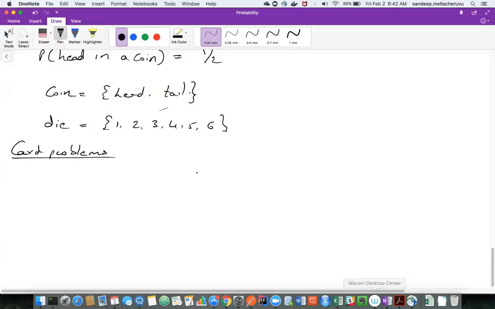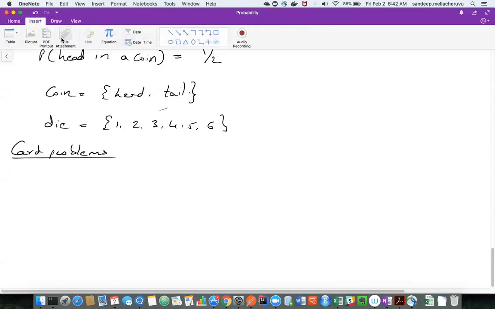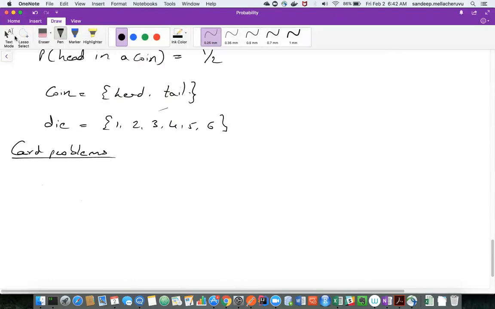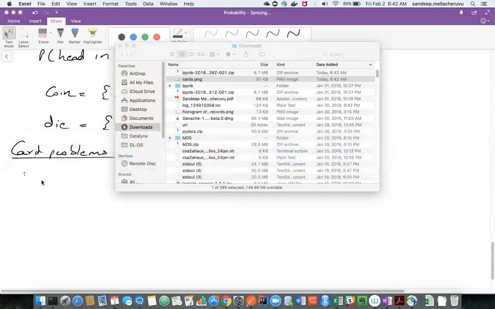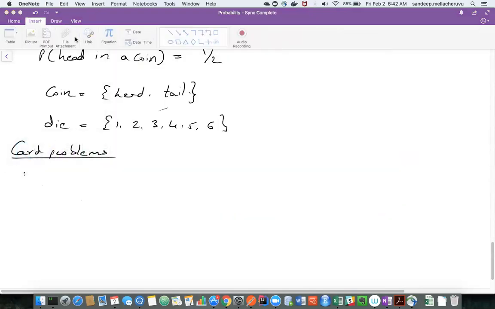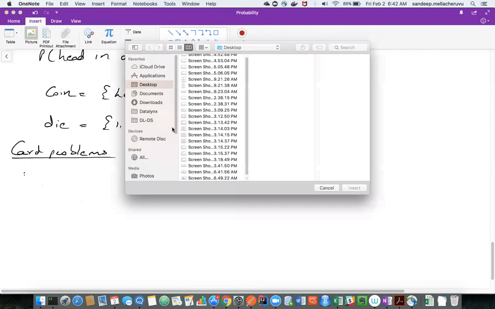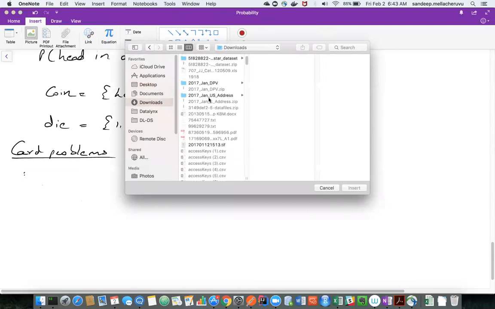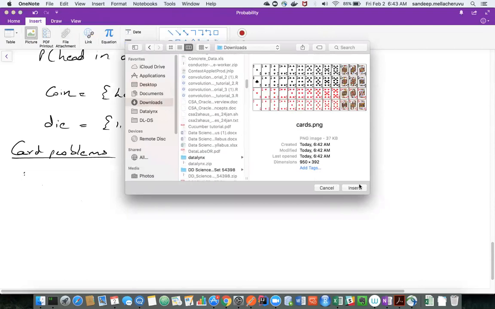Okay, I have it here. Let me import it here. Downloads, and I need to see cards here.